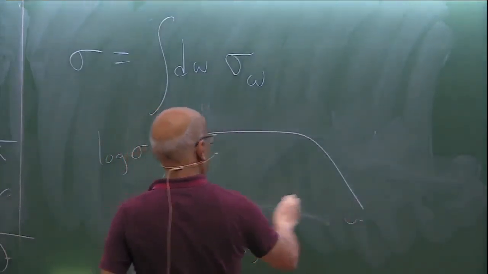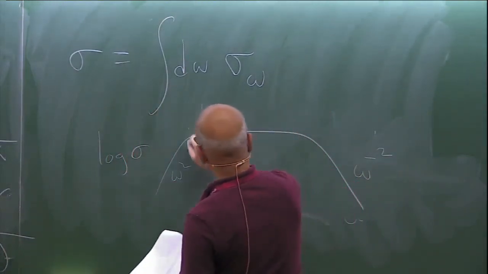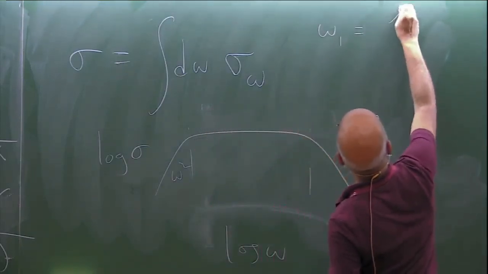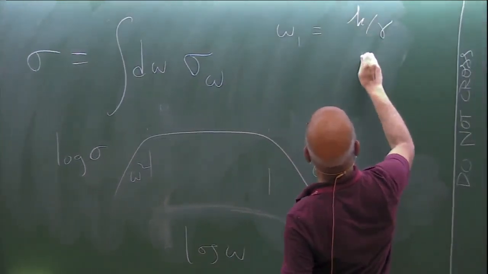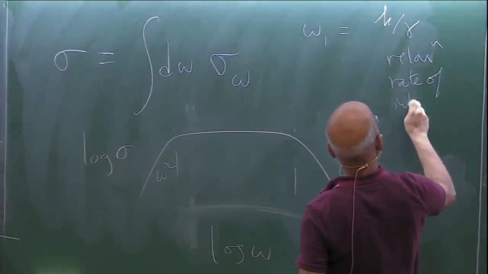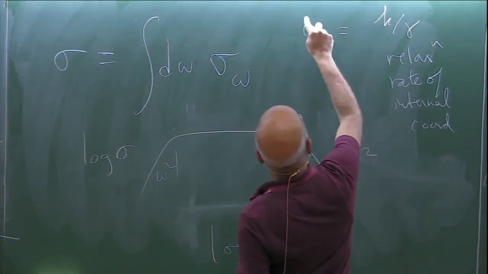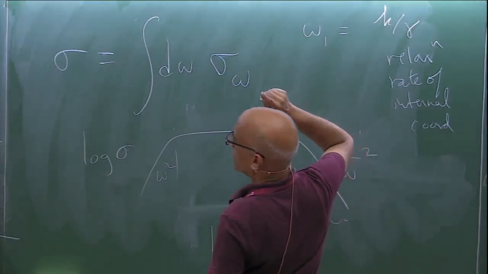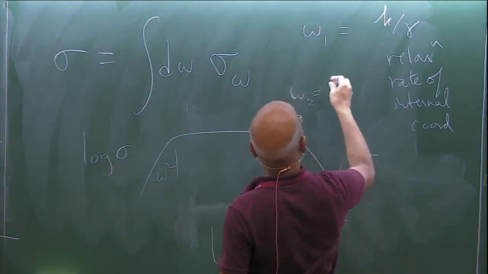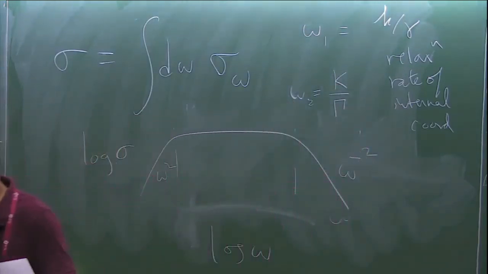It will go as omega squared and omega to the -2. Between the frequencies, one is k over gamma, which is the relaxation rate of the internal coordinate, and the other is big K over big gamma.